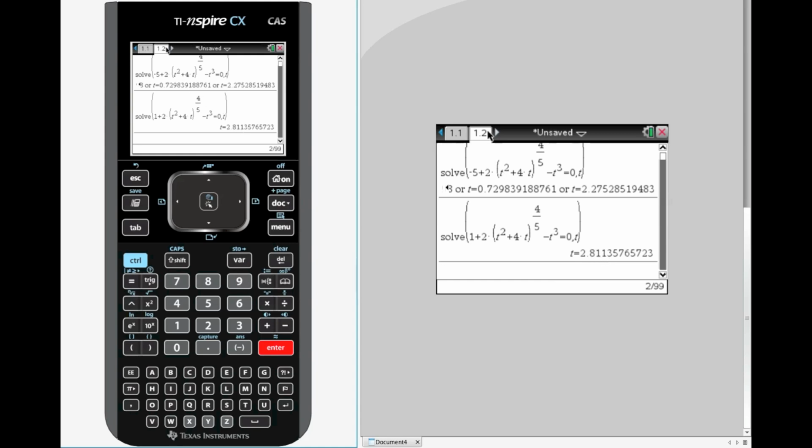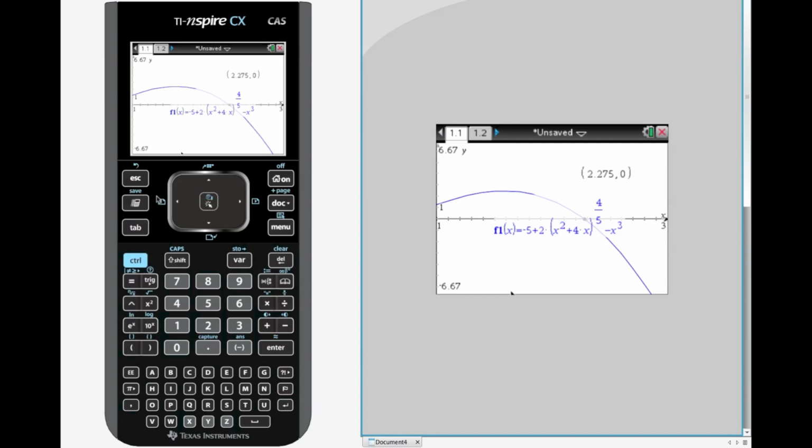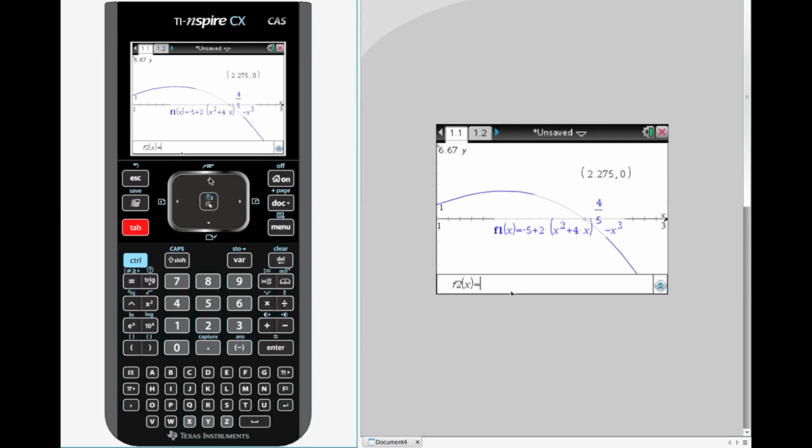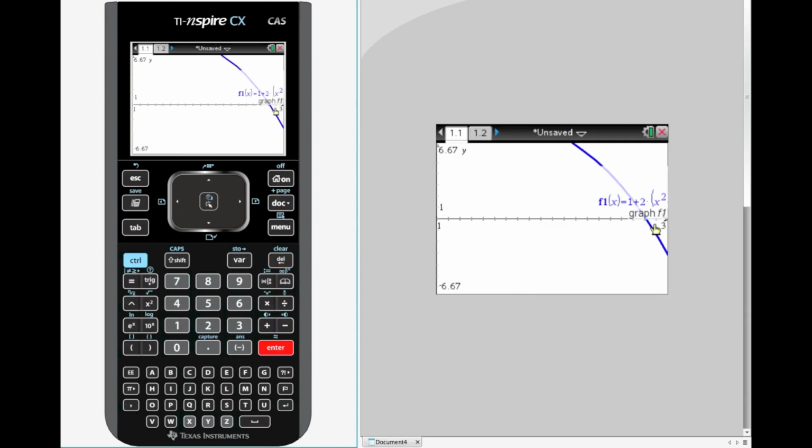Or of course we can do that graphically. We can hit tab, arrow up, arrow over to change that -5 to a +1. Hit enter. And let's see here. Let's grab this page. Again, you would push down on the touchpad in the center to hold the graph.